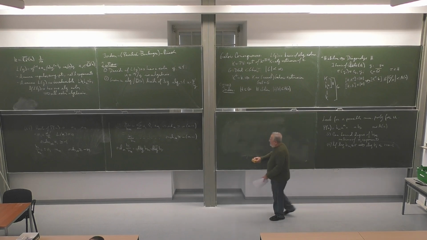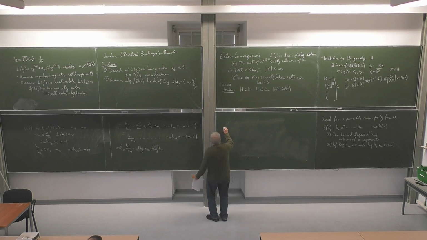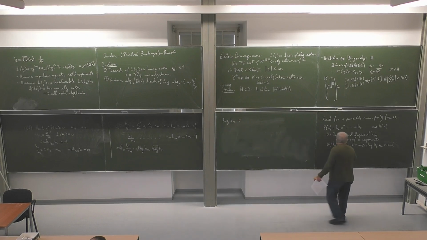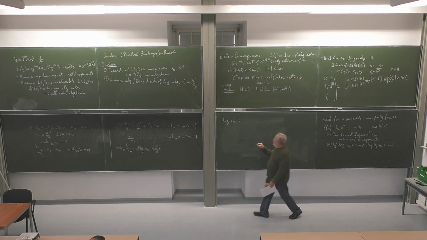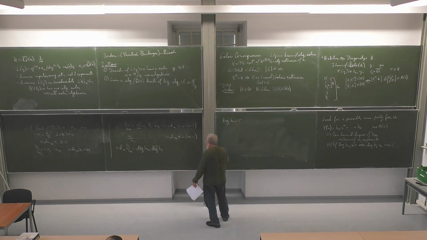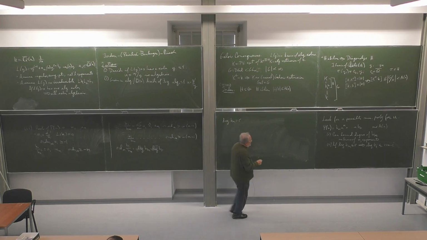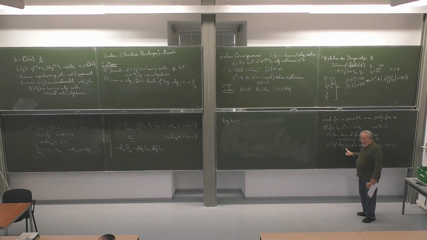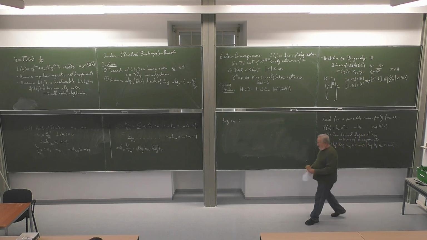So what do I have? Let's say that the degree of Bm is less than or equal to R. Let's say it equals R. So I'm saying here that if we can bound the degree of Bm, then yeah.